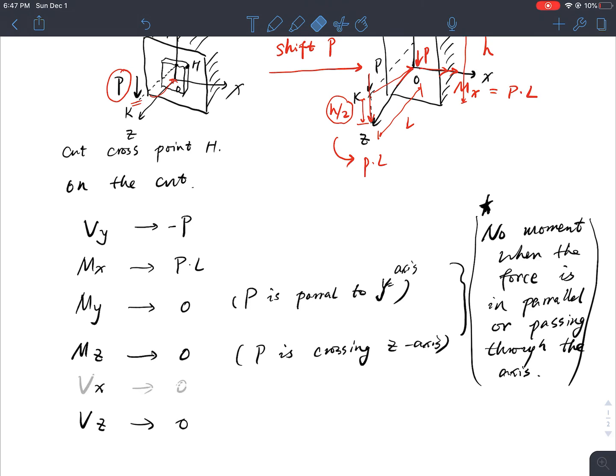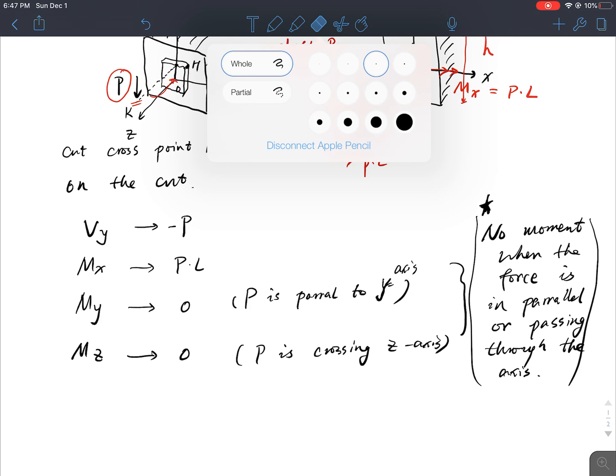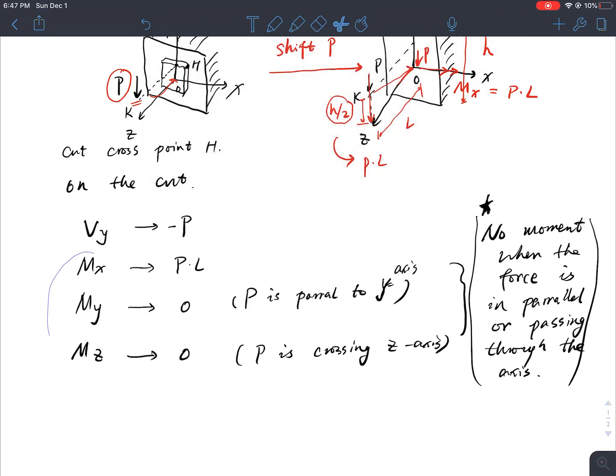Okay, so let's organize the table a little bit. Sorry, let me just move this whole thing.